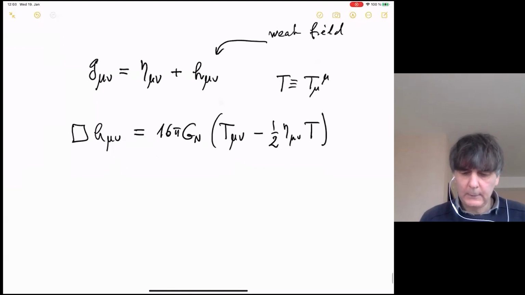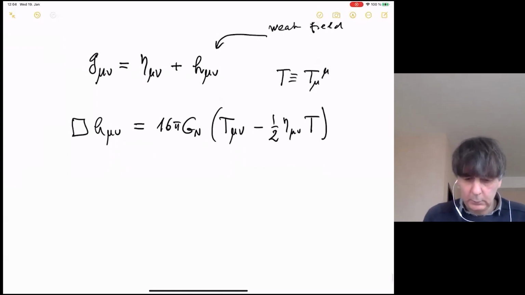So basically this is a perfectly solvable and invertible equation, and this equation shows us what is the fluctuation of the metric in the weak field approximation, linear approximation.